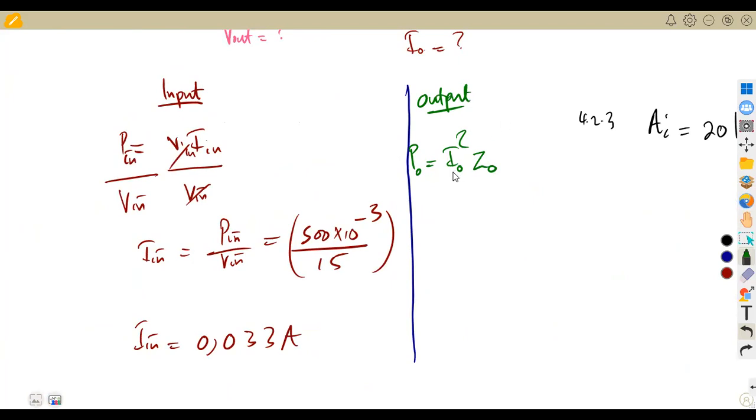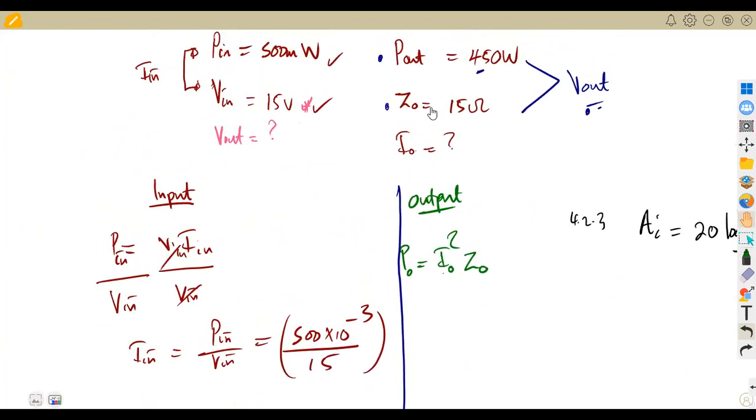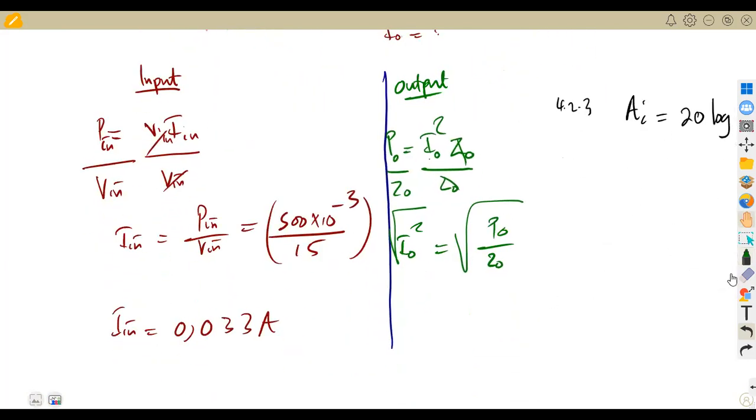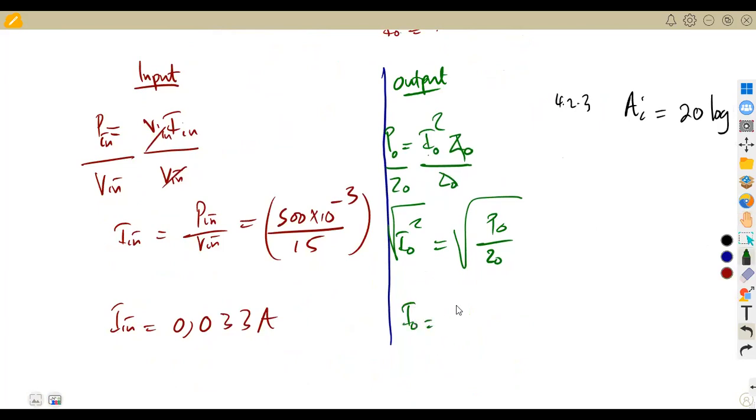All right, so we want to calculate the current. Let us make the current the subject. We've got power, impedance, and we want to calculate the current. So we divide by the impedance both sides. That is, the current squared will be the power out over the impedance. Then we introduce the square root both sides to remove the square, so that we remain with the actual value of current, which is the square root of P out over Z out. We have these values, so we substitute.